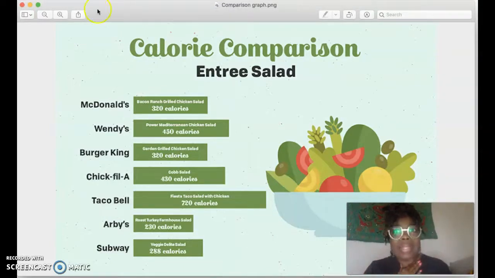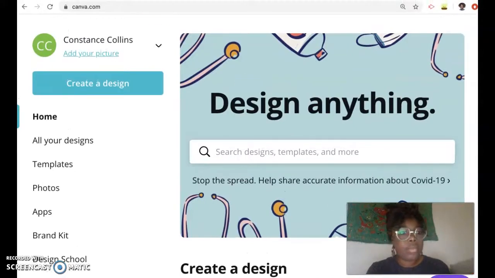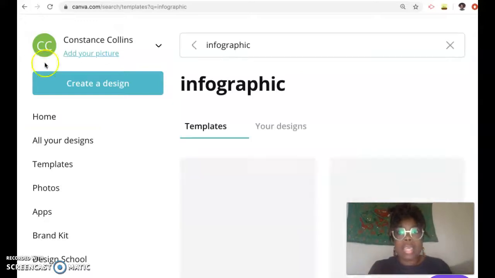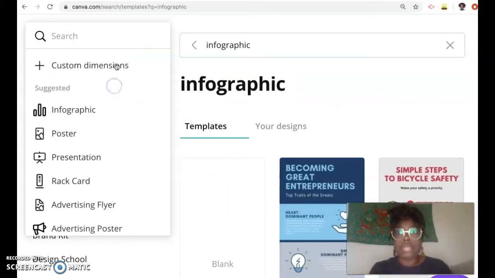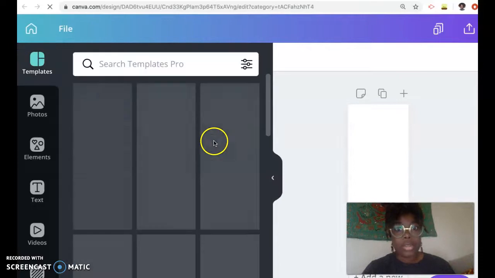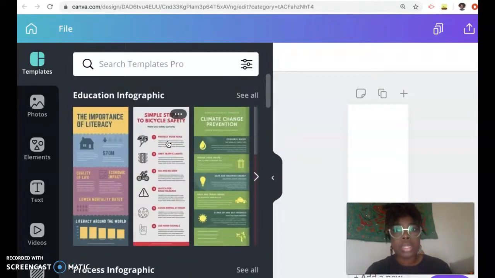All right, lastly, I want to show you Canva. So canva.com is where you'll be creating your infographic. What you can do, you can just go to create a design. So create a design, infographic, and then they have lots of different templates that you can use to create your infographic.